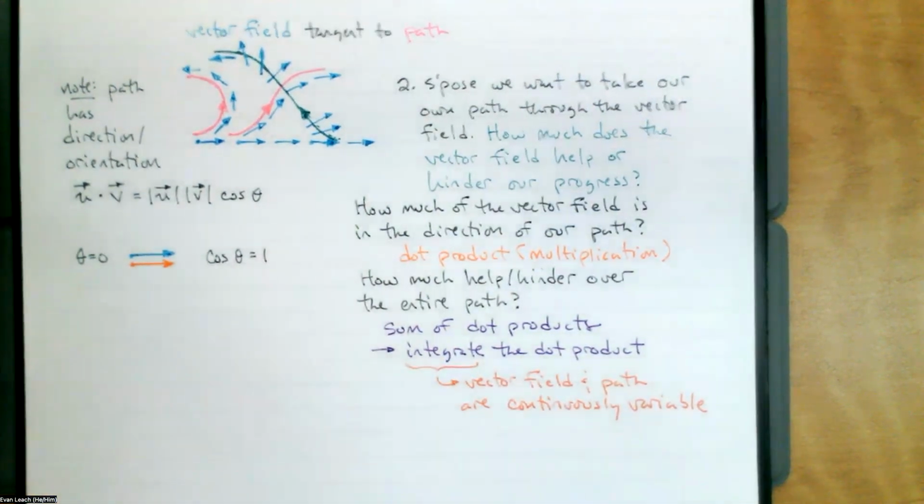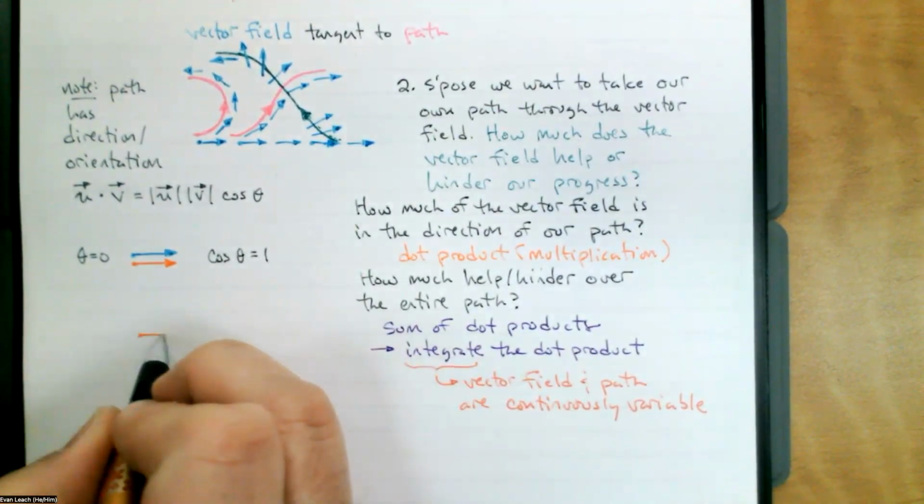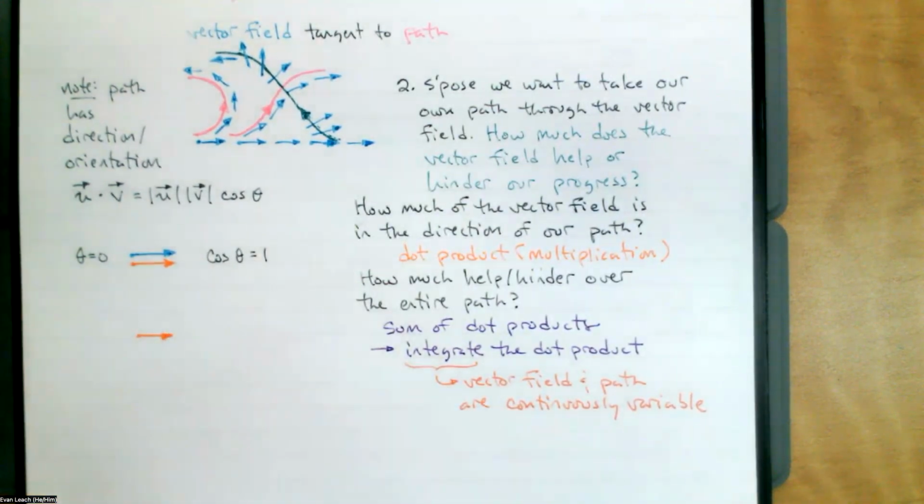If we're at a point where our vector field, I'm going to use horizontal because one of them should be easy to draw.